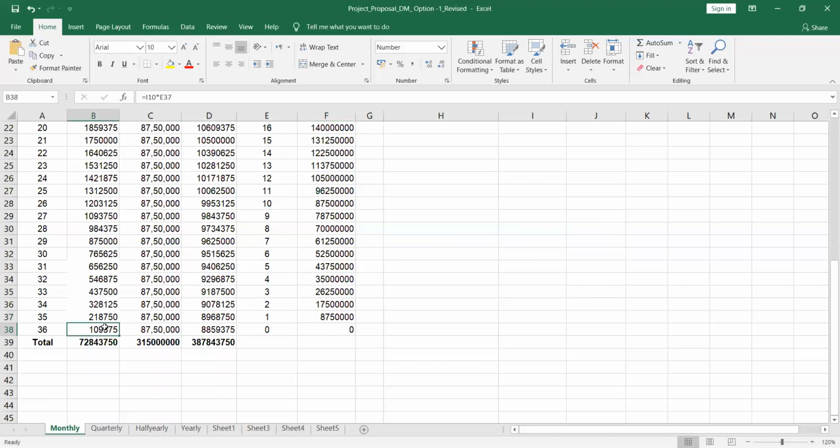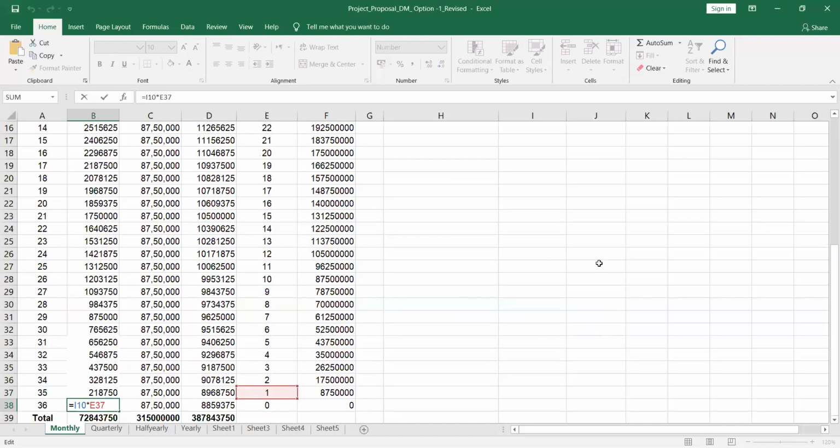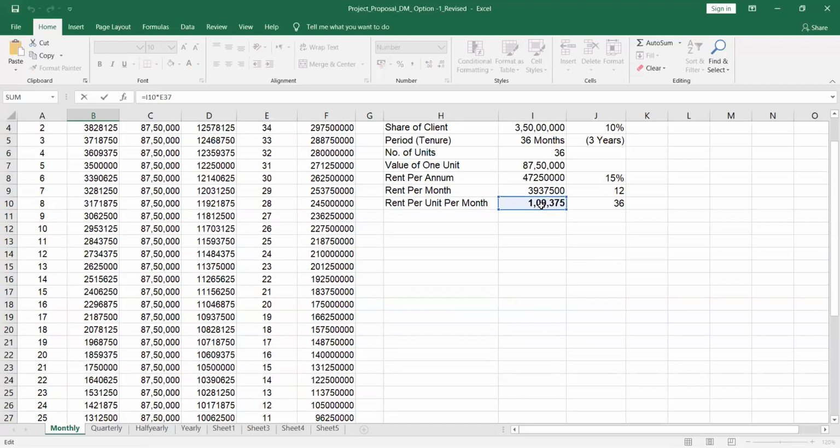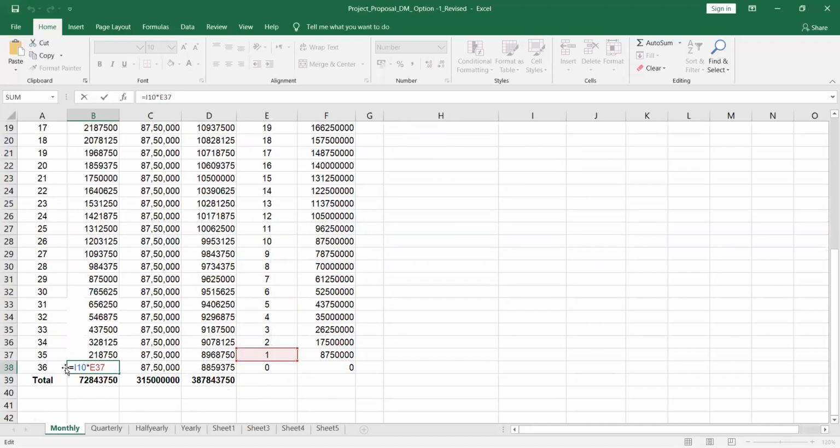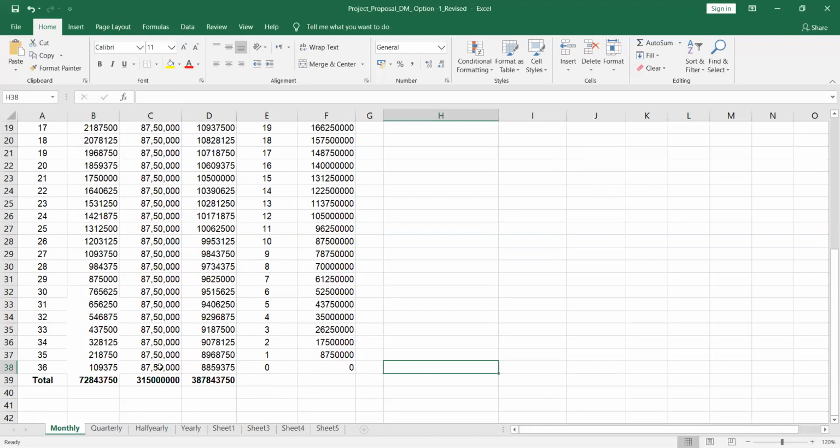So here again, this is the rent per unit, 1,09,375. He is going to purchase the last unit, and he has to pay 87,50,000.